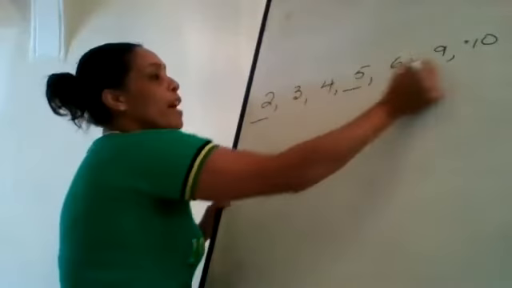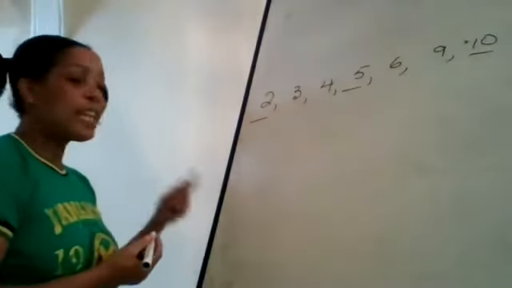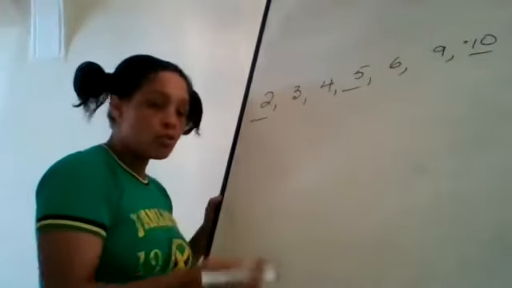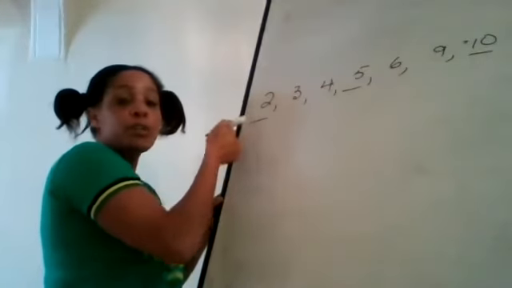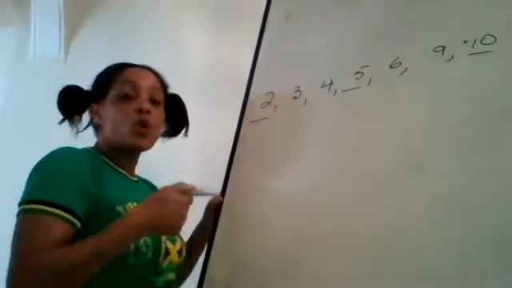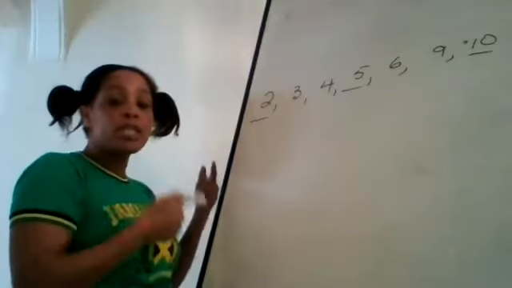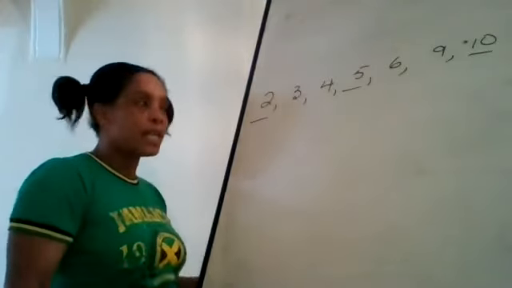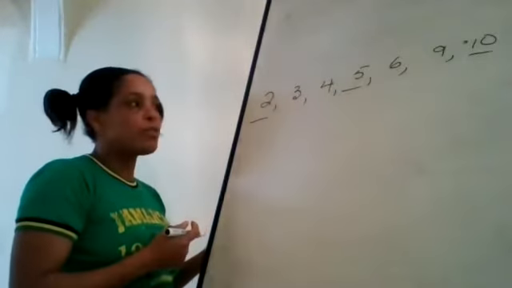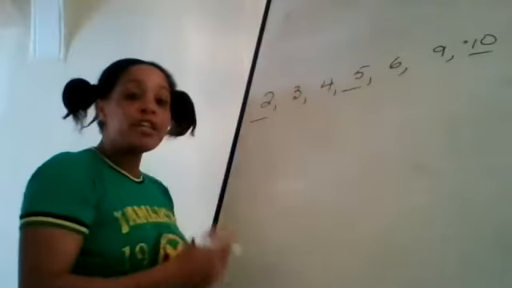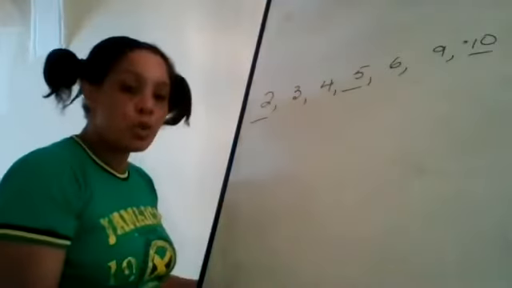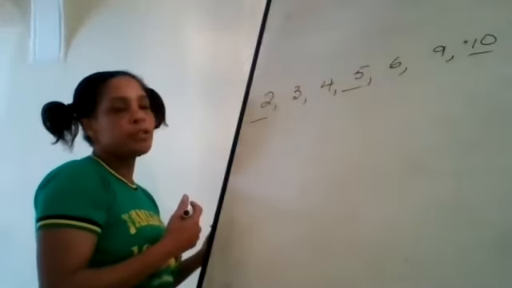We know 2, 5, and 10. A number can be divided by 2, just to remind you, if it ends with 0, 2, 4, 6, or 8. So any number that ends with 0, 2, 4, 6, or 8, 2 can go into it without leaving a remainder. For 5, any number that ends with 5 or 0, 5 can go into it without leaving a remainder.